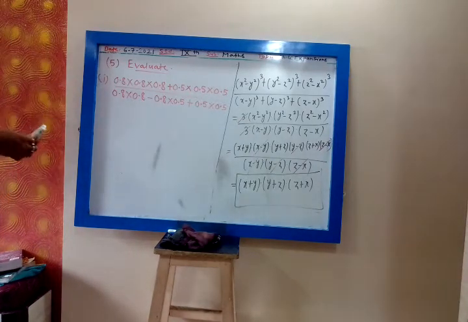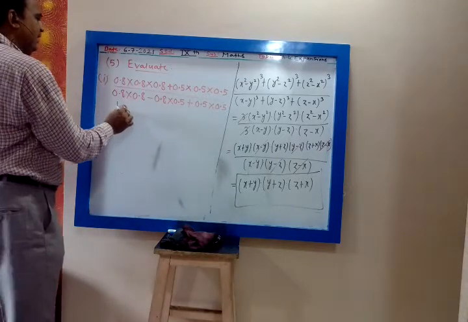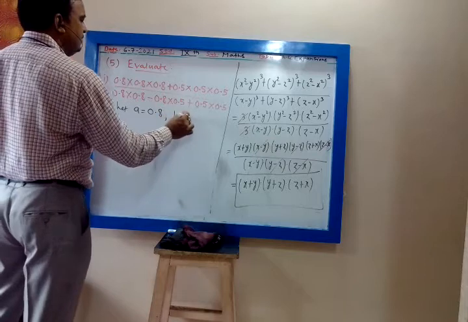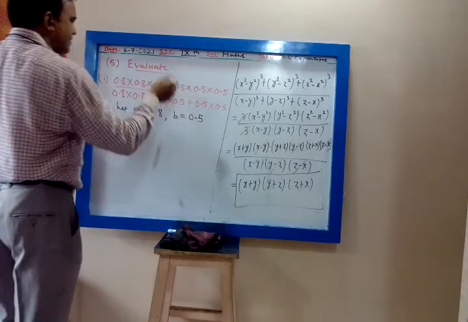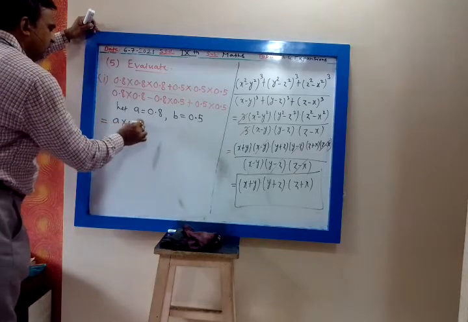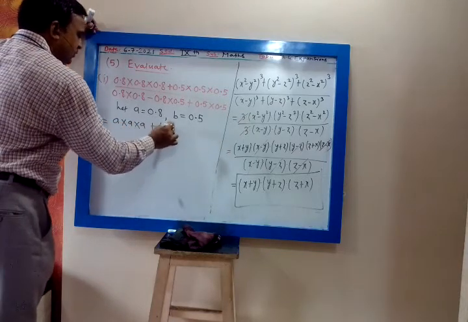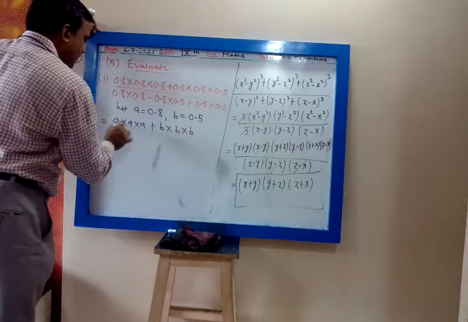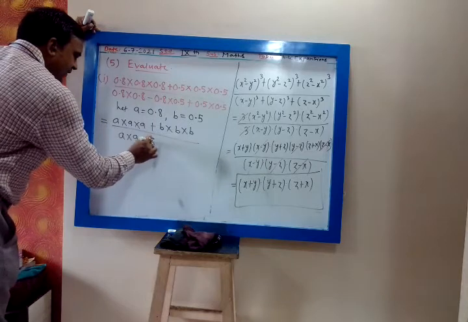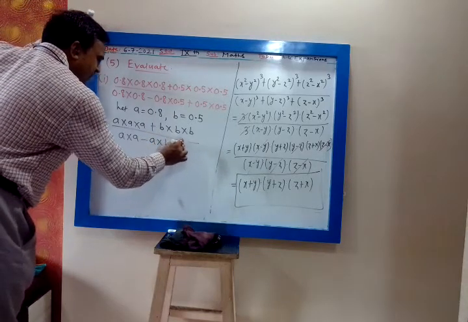Only identify it. So let a be equal to 0.8 and b be equal to 0.5. Let us check this. This will become a into a into a plus b into b into b upon a square, a into a minus a into b plus b into b.